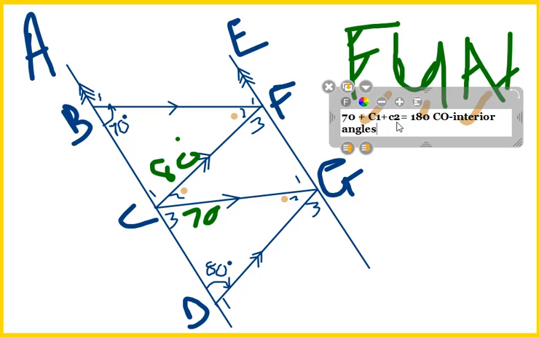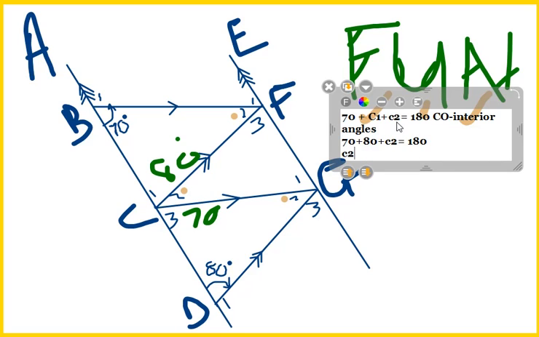Let's figure out what our C2 is, because we already have C1. It's going to be 70 plus 80 plus our unknown C2 is equal to 180. If you make C2 the subject of the formula, we have 180 minus 80 is 100, and 100 minus 70 is 30. So I just solved for C2.